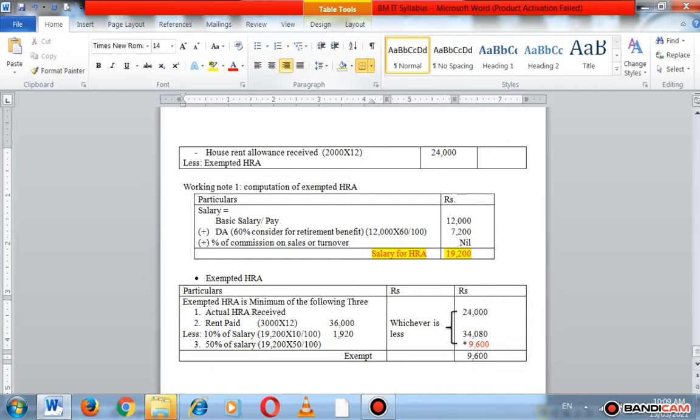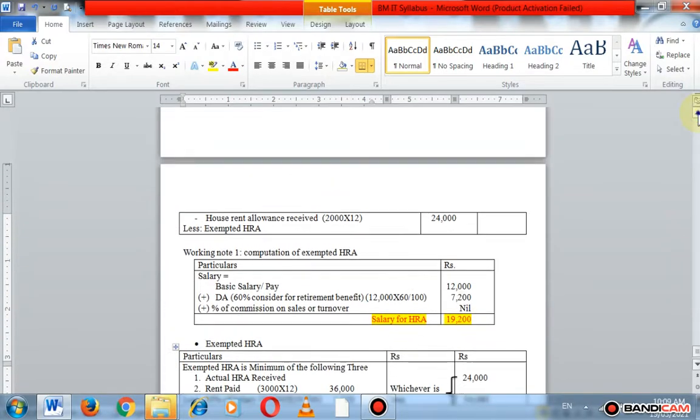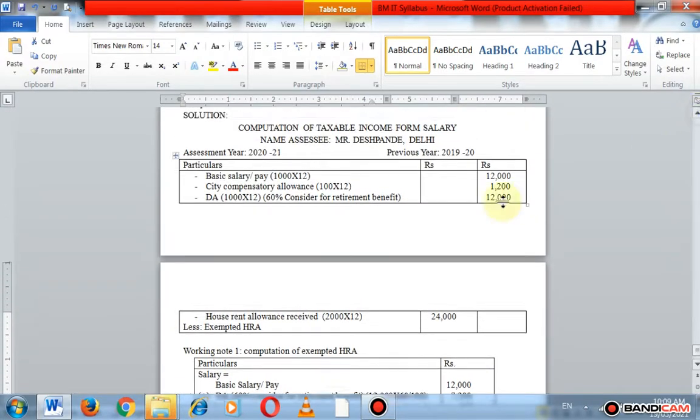Here exempted HRA. So it is very easy to compute. Just remember the calculation or computation of HRA. So here exempted HRA is 9,600. So deduct this 9,600, which is the exemption, from the actual HRA received.